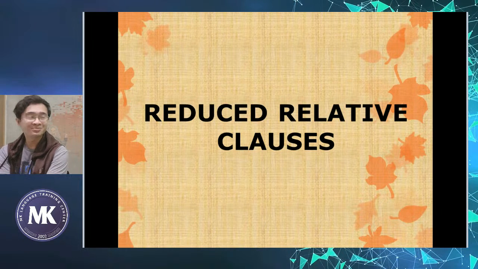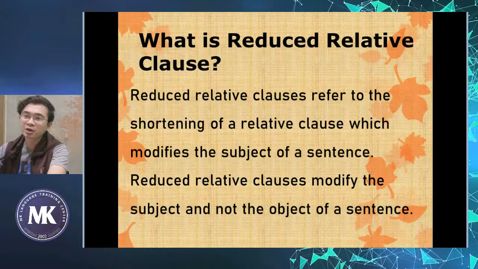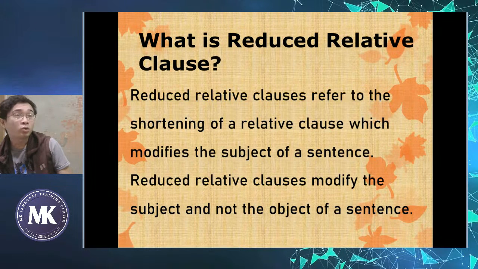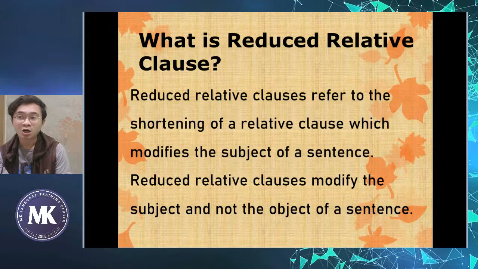So this time let's start to talk about reduced relative clauses. Okay, so what is a reduced relative clause? When we say reduced relative clause, it refers to the shortening of a relative clause which modifies the subject of a sentence.